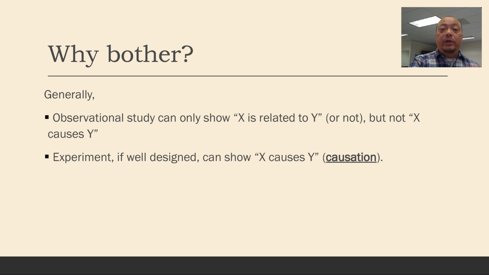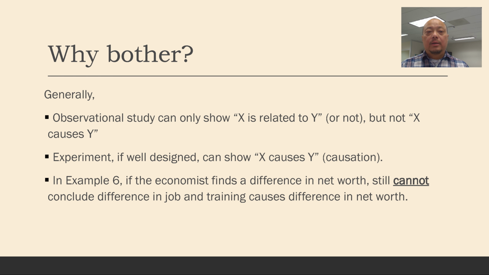If they only do an observational study, they can't prove that X causes Y. And you shouldn't think that X causes Y either. The economist, for example, if the economist found a difference in net worth, the economist cannot conclude that the training and job of mechanics versus mechanical engineers causes any difference in net worth. No. The most they can do is say that there seems to be a relationship here. Yeah? Right? Are we good?